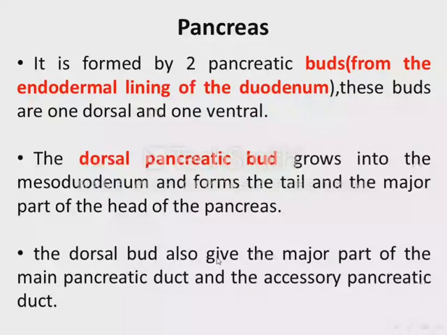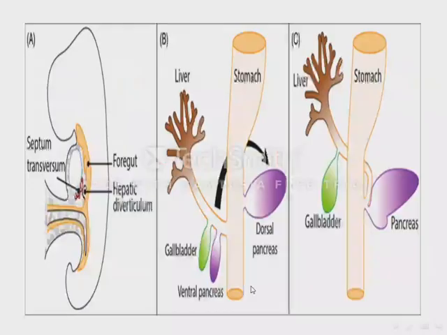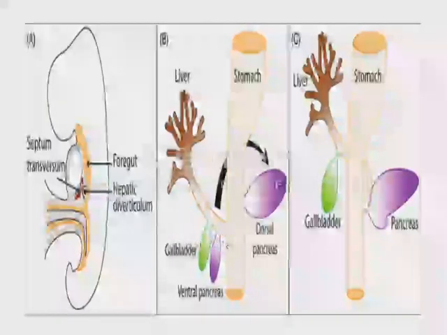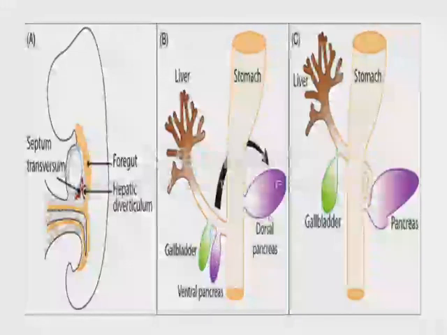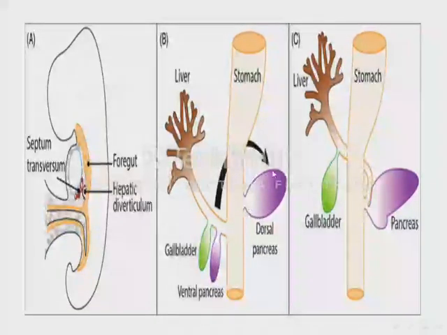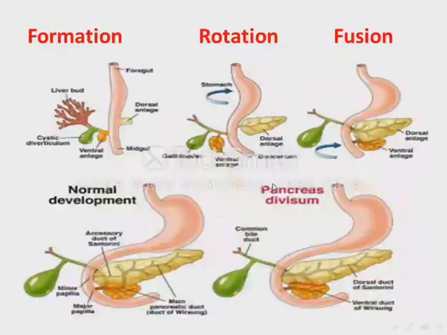The dorsal bud also gives the major part of the main pancreatic duct and the accessory pancreatic duct. So here is the ventral bud and here is the dorsal bud. From the dorsal bud comes the formation of the head and tail and the main pancreatic duct and accessory pancreatic duct.